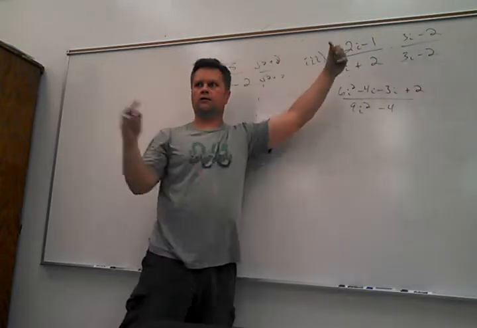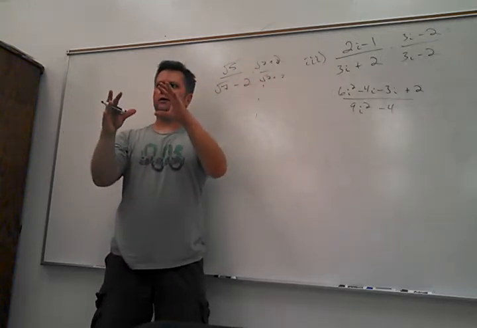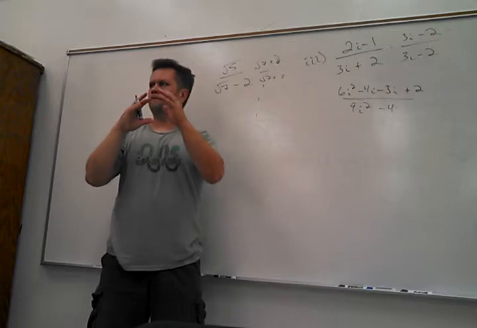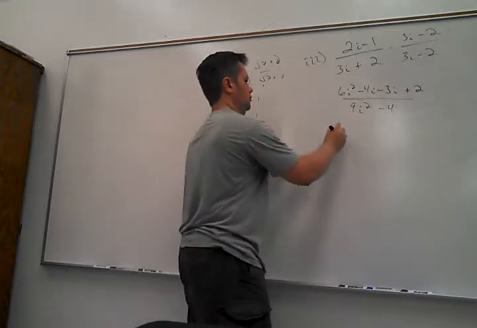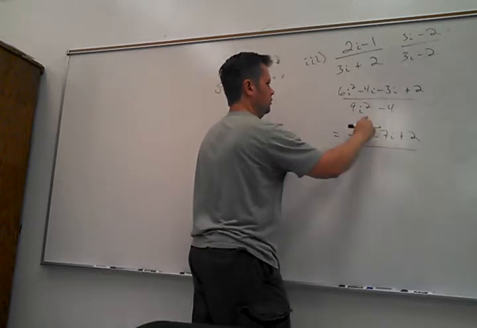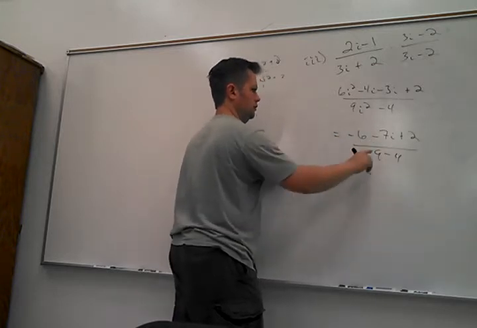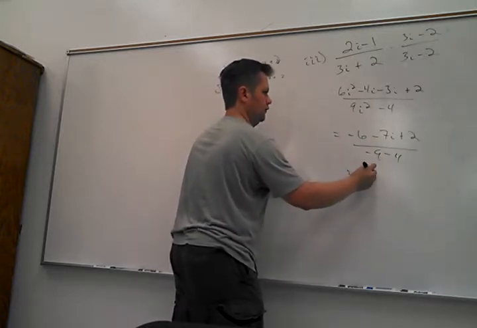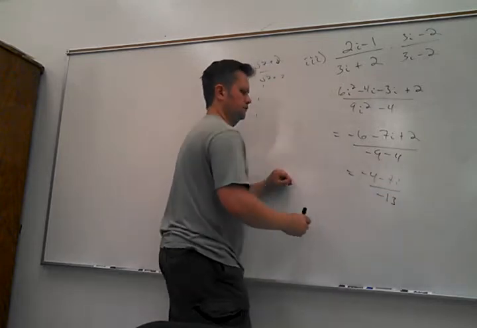Now I can start putting my like terms together, and also replacing what with what? i squared is negative 1. Cool. So on the top, I get negative 6 minus 7i plus 2. On the bottom, I'll get negative 9 minus 4. So I get negative 4 minus 7i over negative 13.